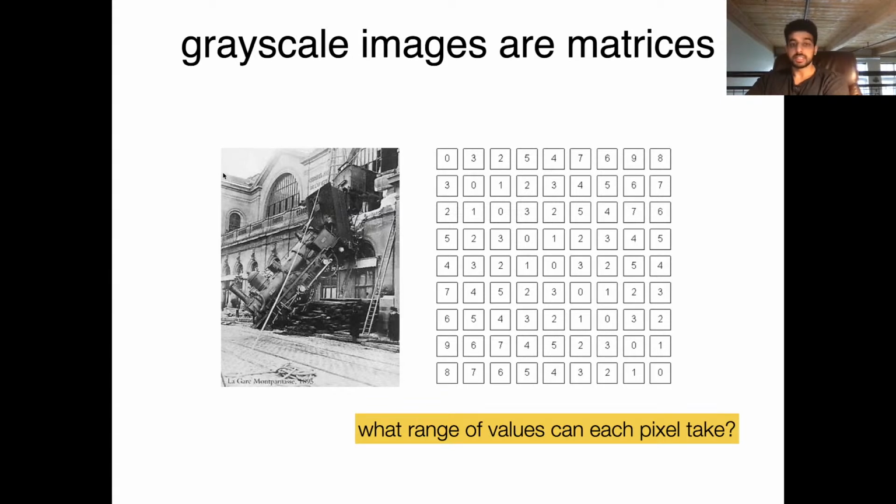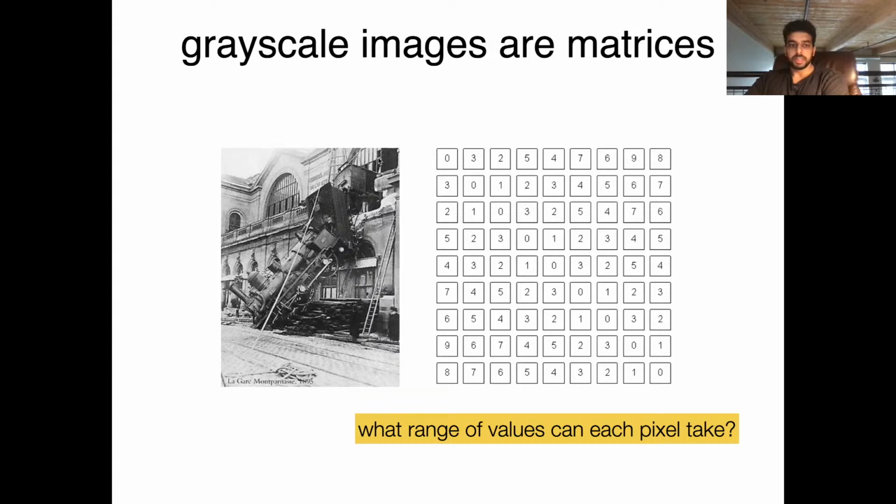If you take the simplest type of image, a grayscale image, this can be represented as a matrix of pixels, with values from 0 to 255. And an entire image is completely defined by these pixels.